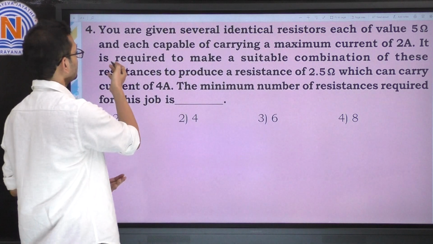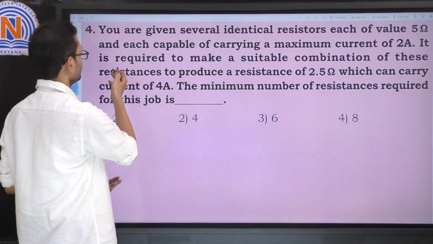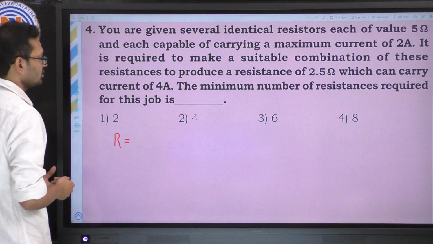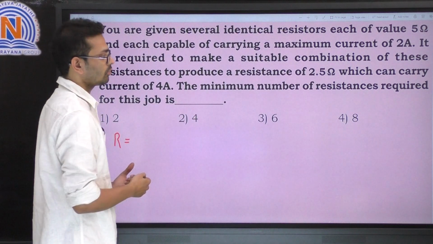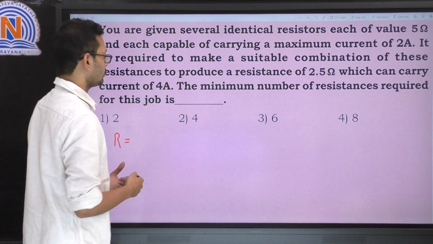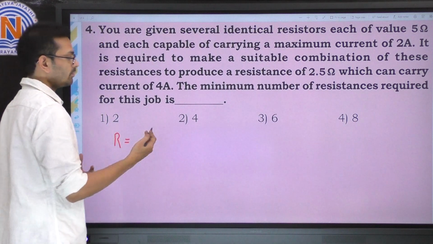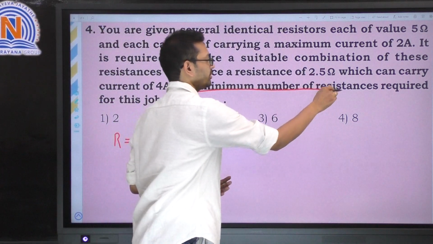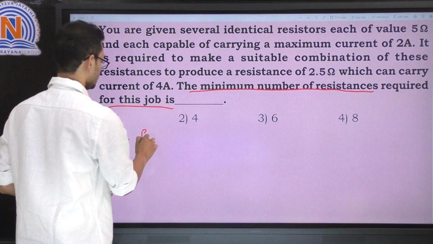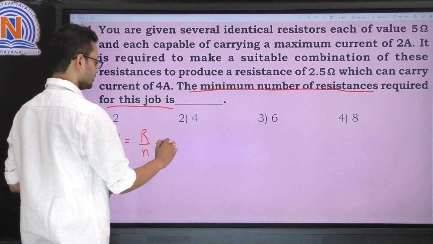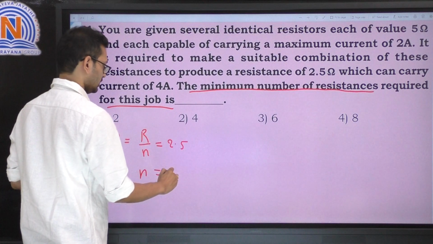Identical resistances are given, each capable of carrying a maximum current of 2 amperes, and we need to find the minimum number of resistances required to do this job. Now this is nothing but R by N, which they are telling is equal to 2.5. From here, if you try to find the N value, you are going to get 2.